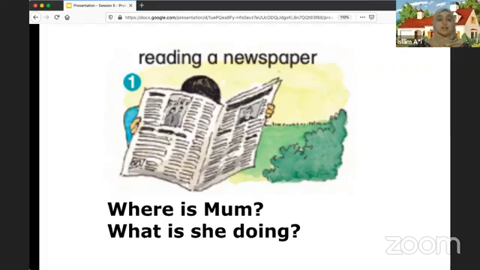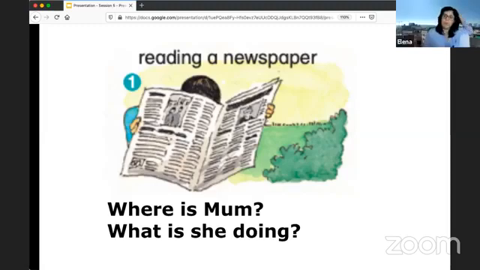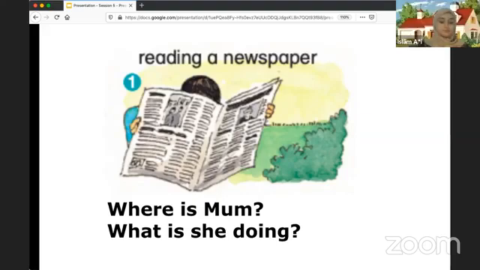She's reading a newspaper. Mom is in the garden and she's reading a newspaper. True or false? What do you think?